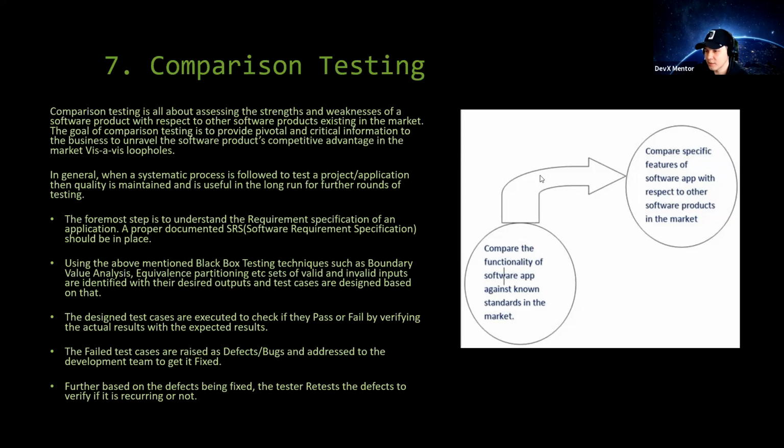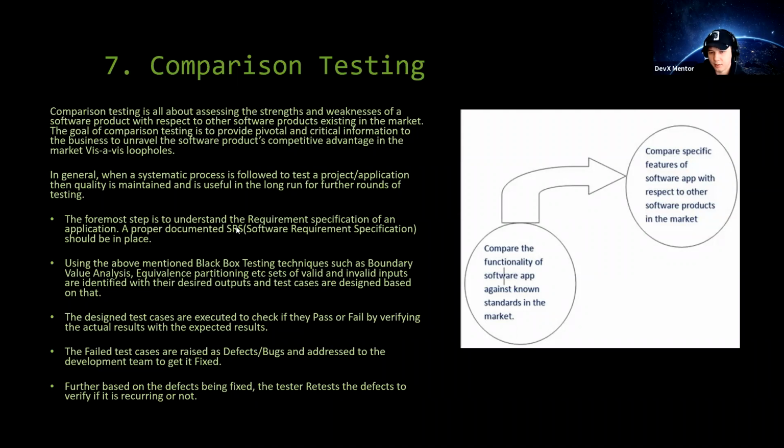Check the requirements, and maybe change requirements and talk to your PO, like, hey, Amazon did it this way, it's really cool, maybe you should do it in the same way. So we're comparing with other products already on the market.